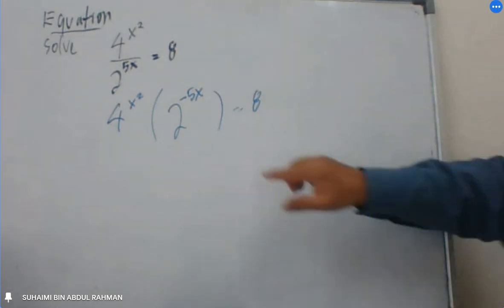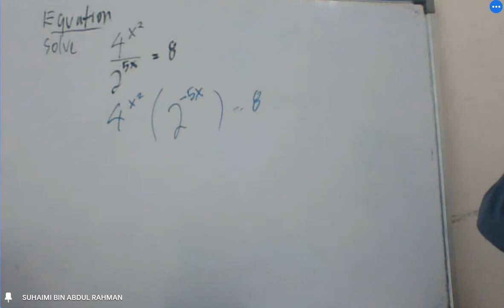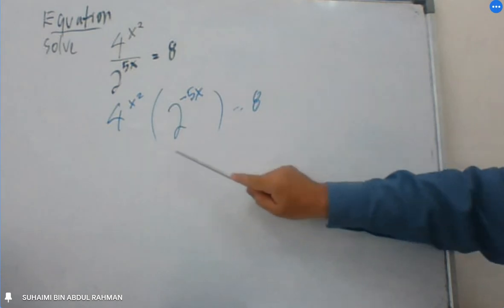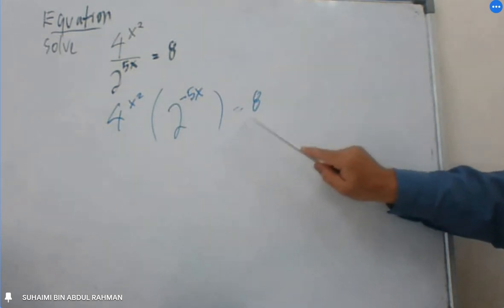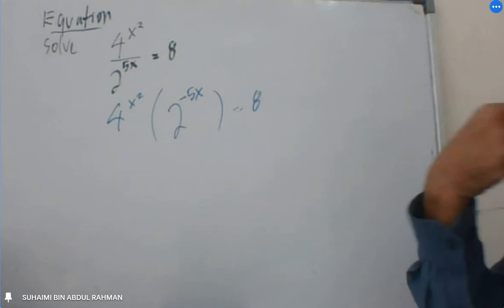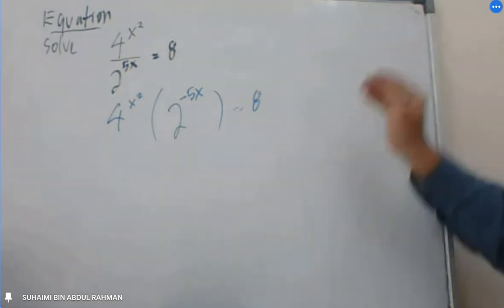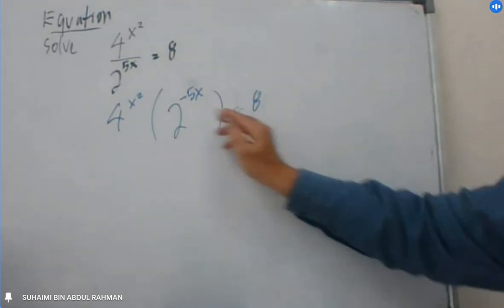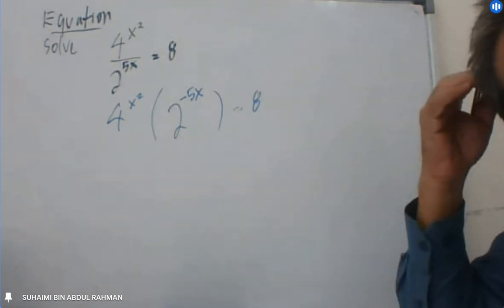Now we look at the base here. Different bases: 4, 2, 8. In order to solve the equation here, we need to make the same base.